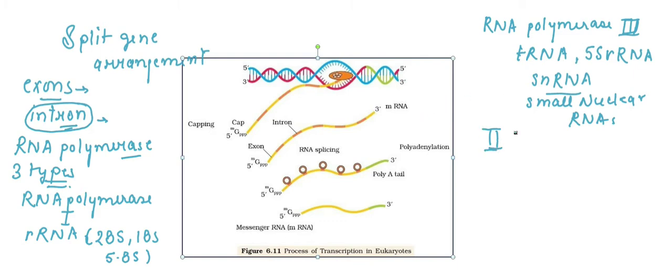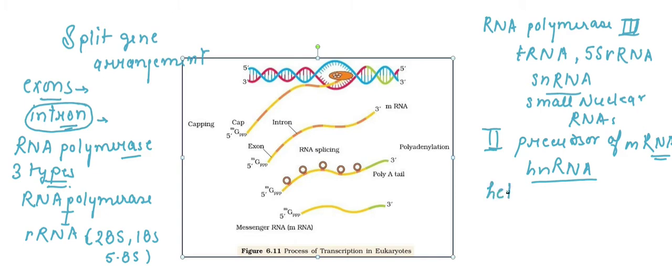RNA polymerase second transcribes the precursor of mRNA, and that is called hnRNA. Its name is heterogeneous nuclear RNA. Where is it present? In the nucleus it is present.